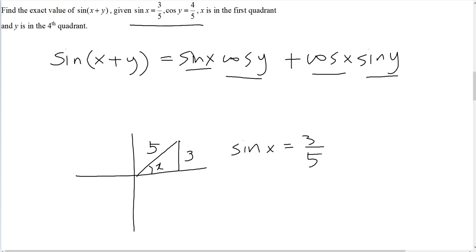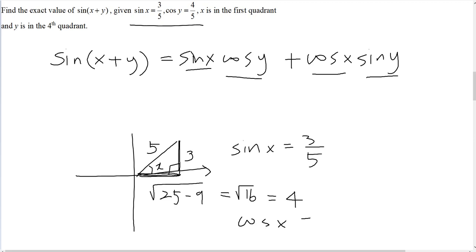Make sure your vertical leg goes down to the x-axis always. And now the horizontal leg of the right triangle is the square root of 25 minus 9, which is the square root of 16, which means the horizontal leg is 4. Cosine x is adjacent over hypotenuse, so 4 over 5 will be cosine x.